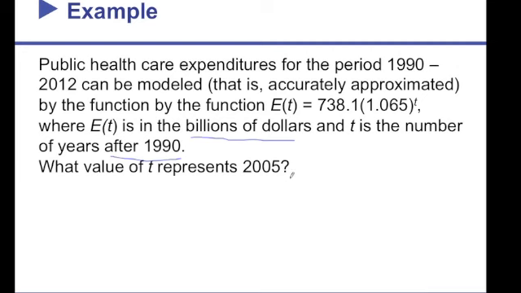So what value of t represents 2005? Well, 2005 is how many years after 1990? It's 15 years after 1990. So that's the answer to this question.